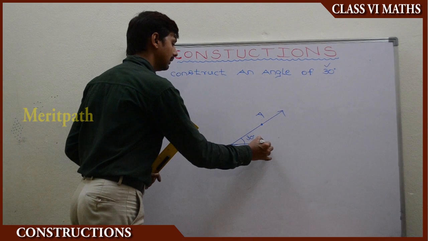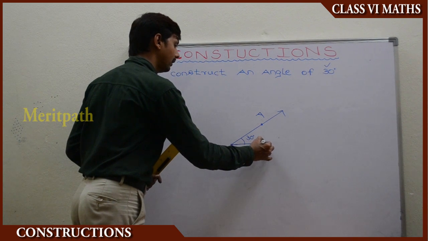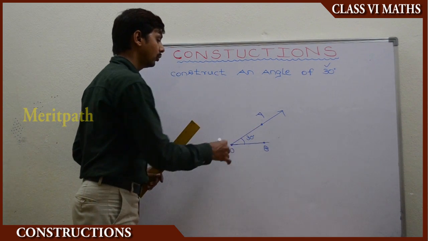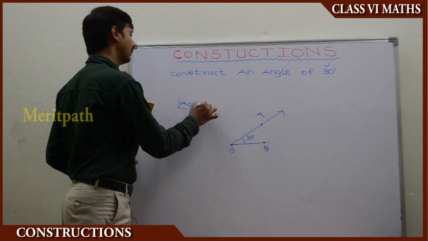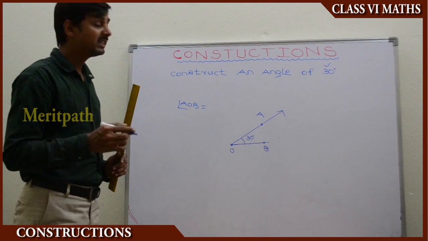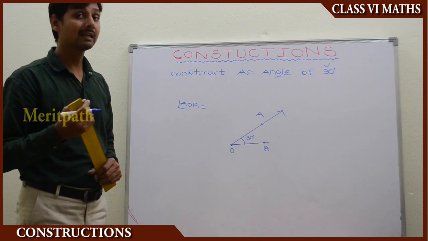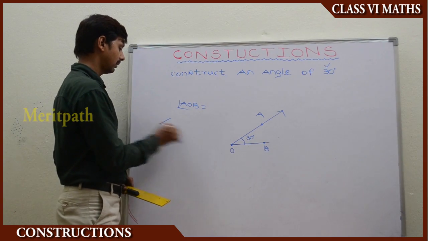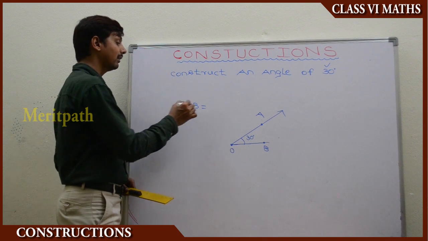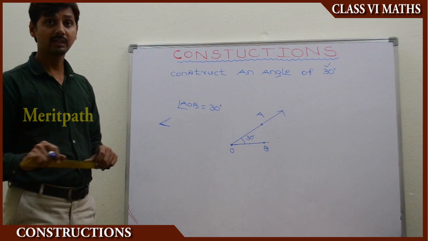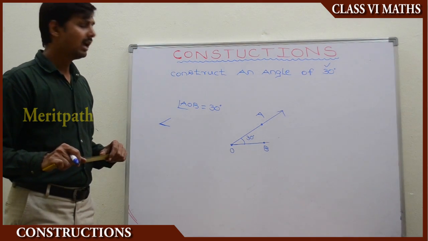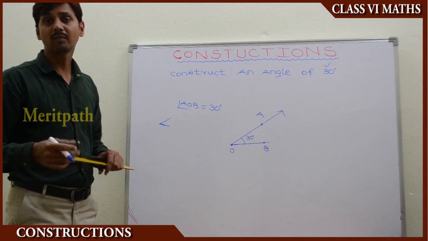Let's take the terminal point here as B. So AOB is 30 degrees. Angle AOB. We have learned in geometry how to represent an angle. This is a representation of an angle. Angle AOB is 30 degrees. So we have constructed a 30 degrees angle, and similarly we can construct different types of angles.